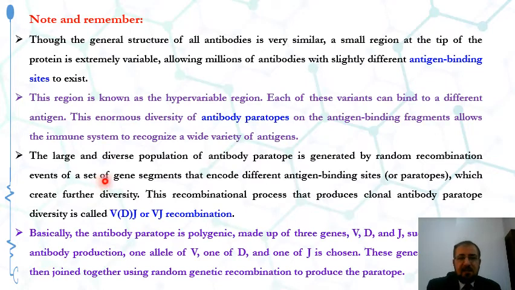The large and diverse population of antibody paratopes is generated by random recombination events of a set of gene segments that encode different antigen binding sites or paratopes.